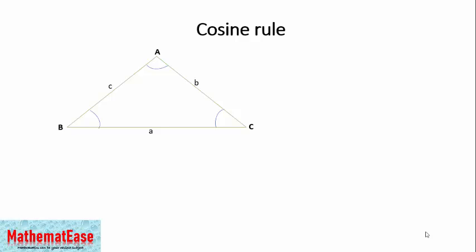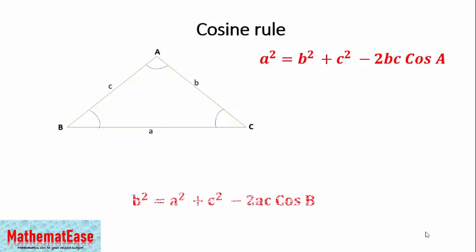When you are looking for a or angle A, you use a particular one, which is a square is equal to b square plus c square minus 2bc cos A. If you are looking for either length b or angle B, you use b square is equal to a square plus c square minus 2ac cos B. If you want angle C or length c, you use c square is equal to a square plus b square minus 2ab cos C.